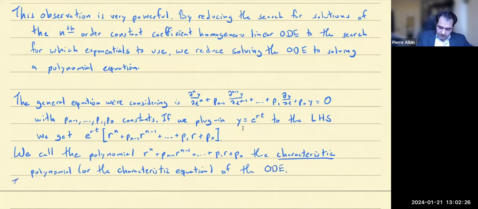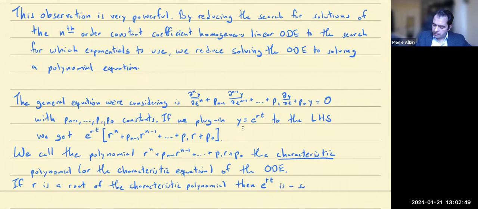right? So as we just noticed, if r is a root of the characteristic polynomial, meaning you plug it in, you get 0, then e to the rt is a solution of the ODE.